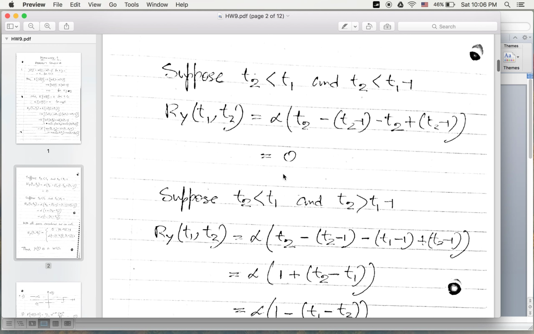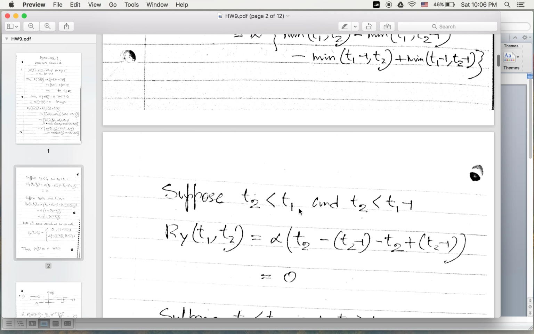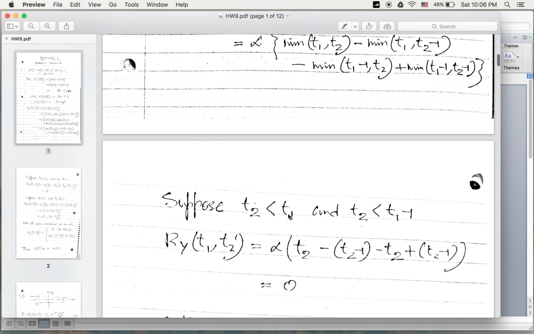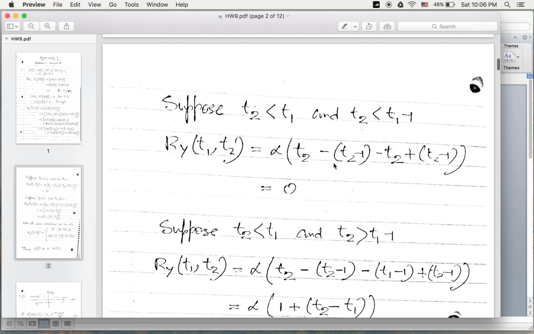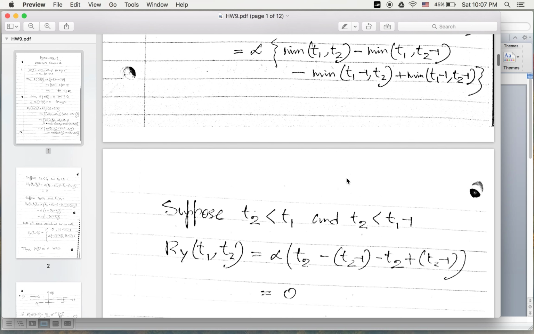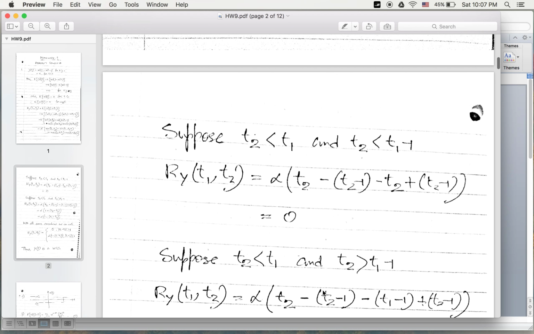Now let us look at the second case, when t2 is less than t1 but t2 is greater than t1 minus 1. So what happens in this case? We see that t2 is still less than t1. So for the first part t1 comma t2 we put t2. For the second part t1 comma t2 minus 1, as t2 is less than t1, t2 minus 1 would obviously be less than t1, so we again put t2 minus 1.